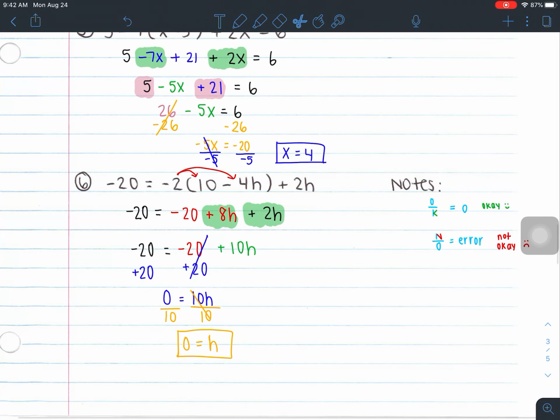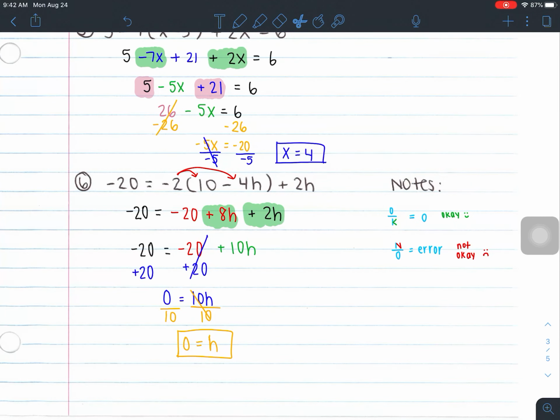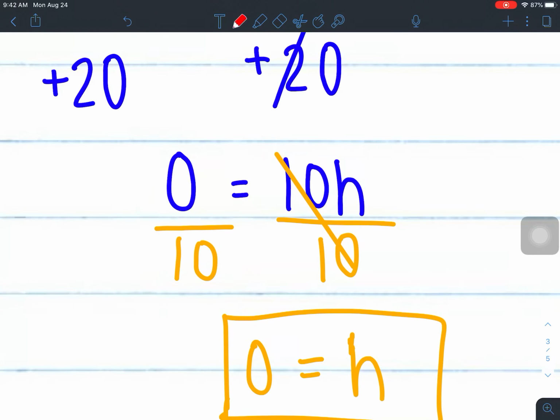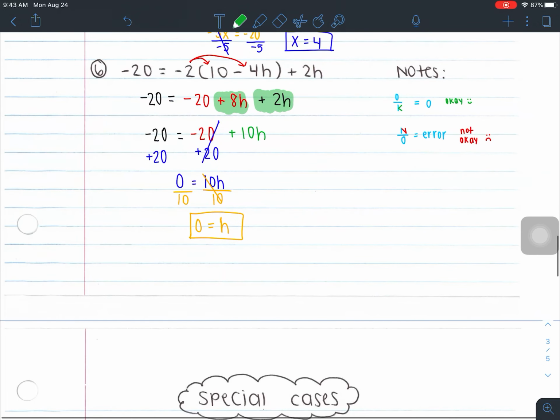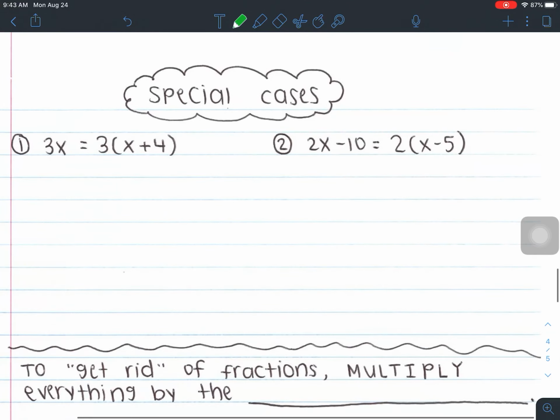That's just a trick that I show students. We don't have a ton of students that use it, but it has become helpful for some of them to remember. If you have 0 on top, keep going. You can get 0 as your answer. In this case, I had 0 on top here, right? 0 divided by any number is okay. But if I have 0 on the bottom, in the denominator, it's not okay. So again, this problem gets a lot of people because they're like, hey, I get h equals 0, no solution, undefined, doesn't work, which is not really true.